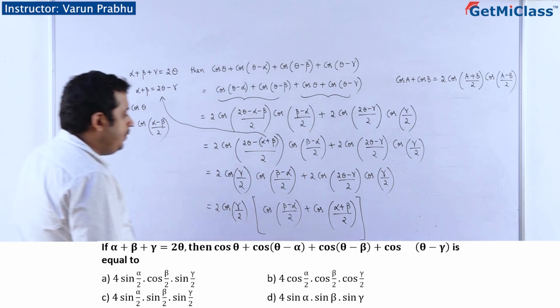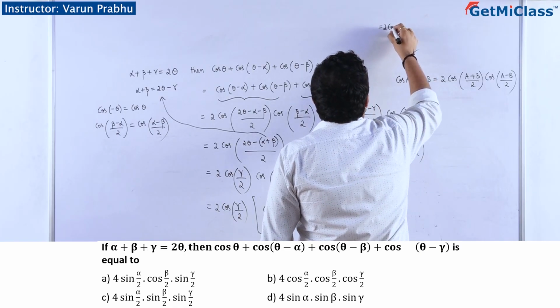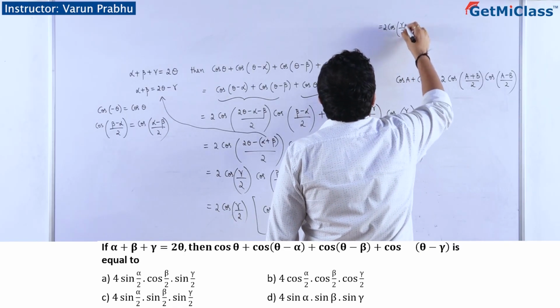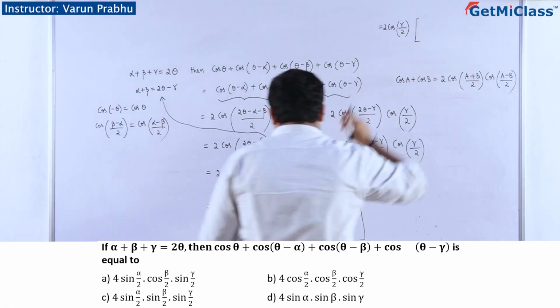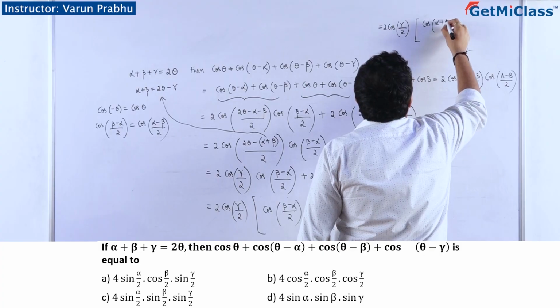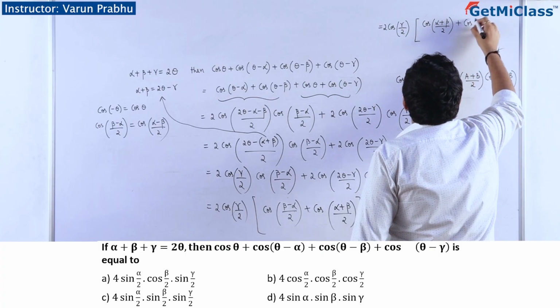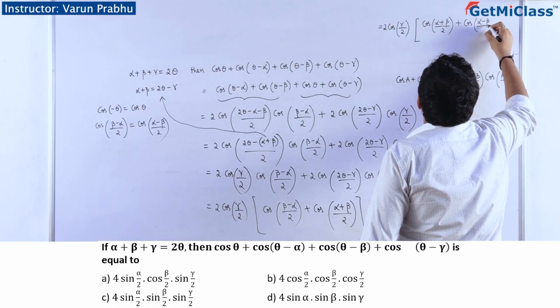So this is equal to 2 cos gamma divided by 2 into cos of (alpha plus beta) divided by 2 plus cos of (alpha minus beta) divided by 2.